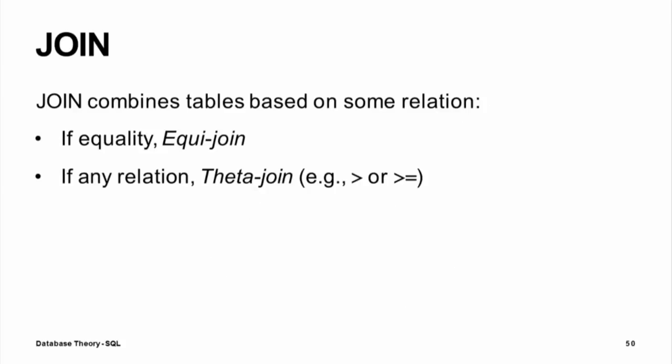They can be quite good to have if you need them. Those joins combine those tables based on their relations. So if they are going for the equality, then you have the equi joins I was talking about yesterday. And if there's a condition to that join, then you're in your theta join.